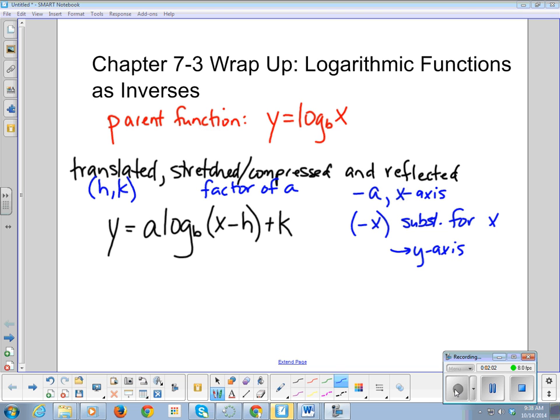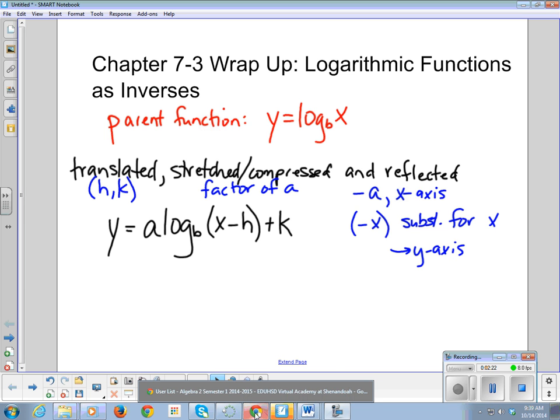Remember when we did translation, dilation, stretch, compress, we talked about how compress makes it fatter, stretch makes it taller. Let me show you how Desmos deals with this. You guys don't have to take notes on this.